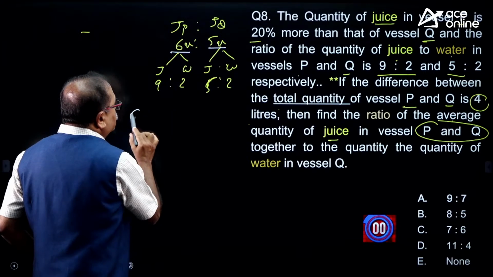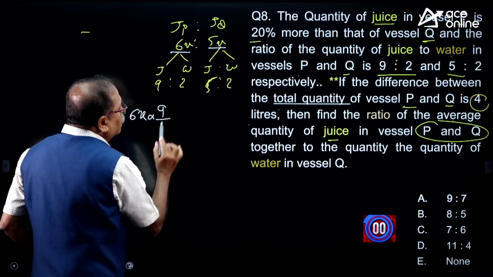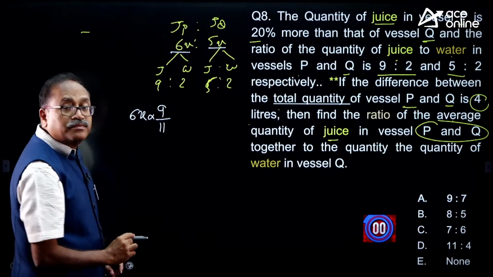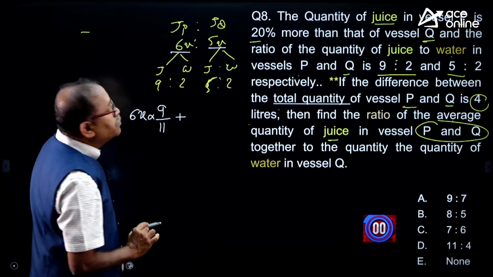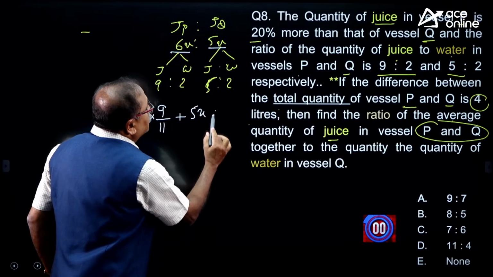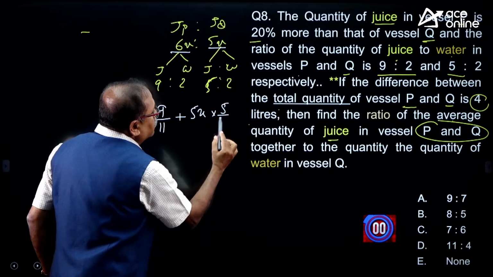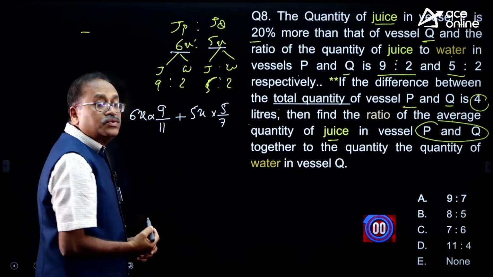So 6x into the juice 9 parts over 11 parts, plus whatever the juice over here, that is 5x into 5 by 7. So this is the juice.